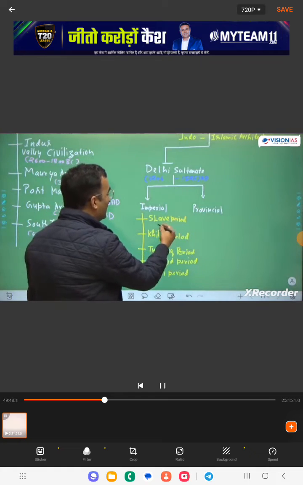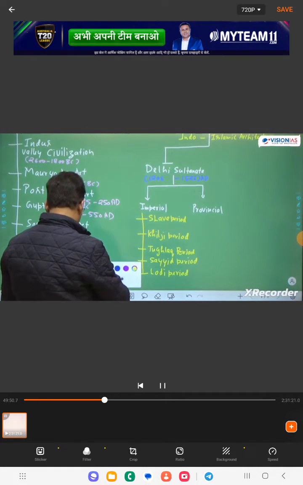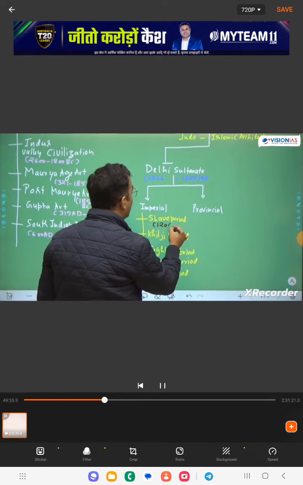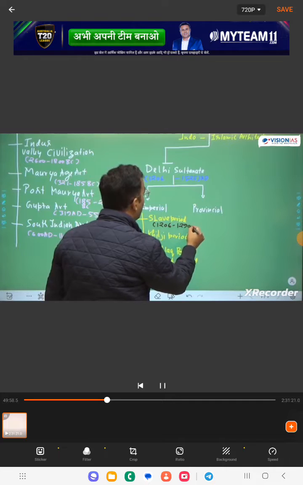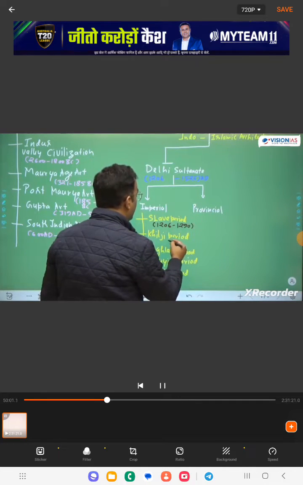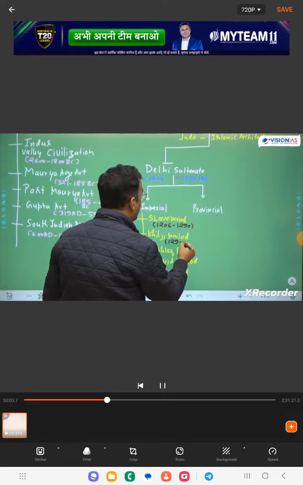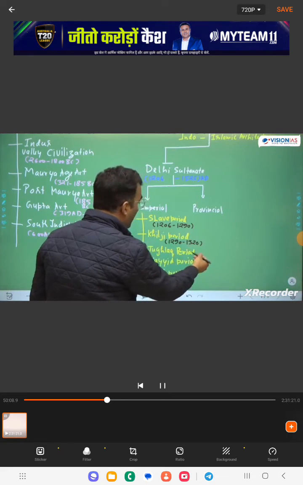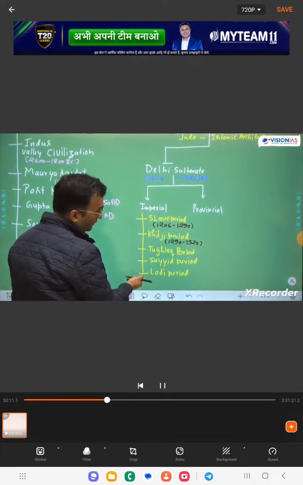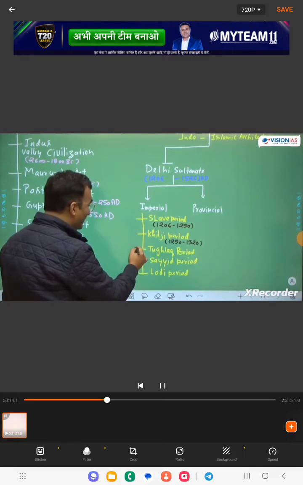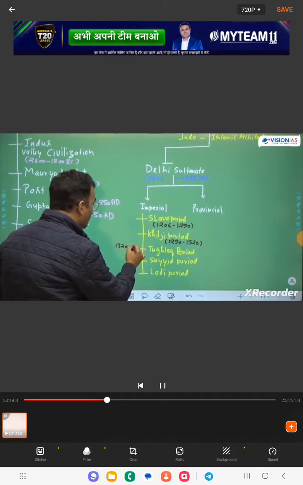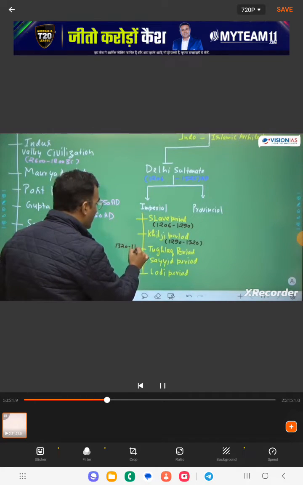So the slave period is 1206 to 1290, and the Khilji period from 1290 to 1320, and these are all in AD. For the Tughlaq period, I have not kept so much space over here, so I'm writing at this side: Tughlaq period 1320 to 1414.